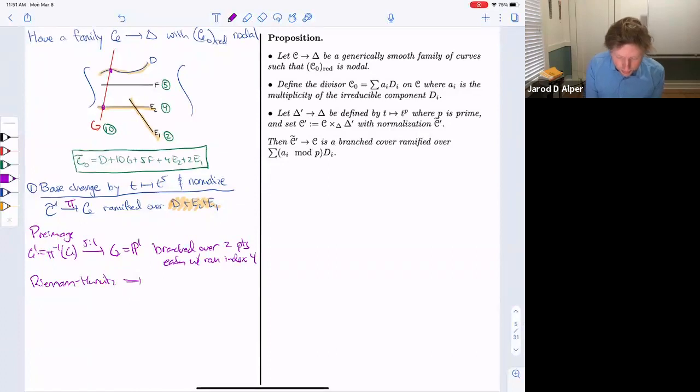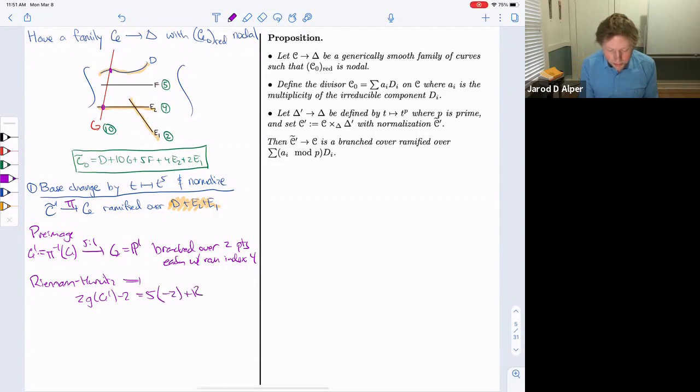It tells us that 2 times the genus of G prime minus 2 equals the degree 5 times 2 times the genus of P1 minus 2, so that's a minus 2, plus the ramification. But the ramification is 2 times 4. And so this tells us that the genus of G prime is 0. So G prime is also rational.